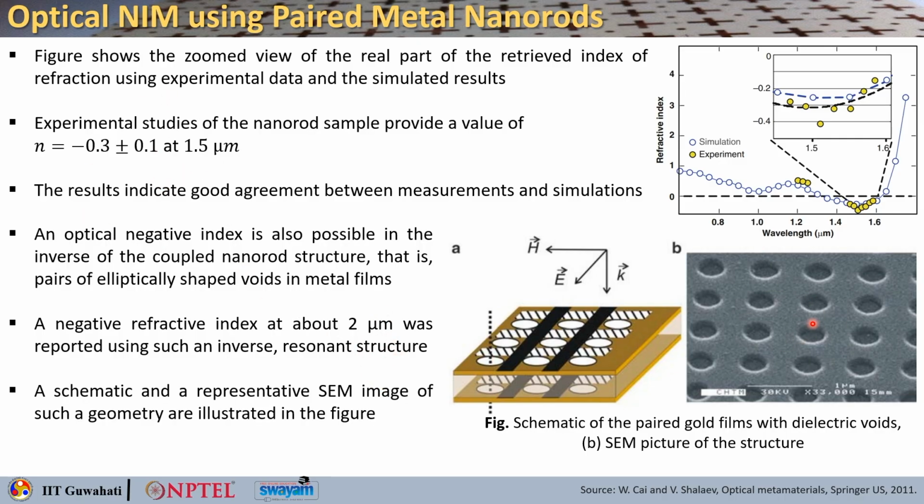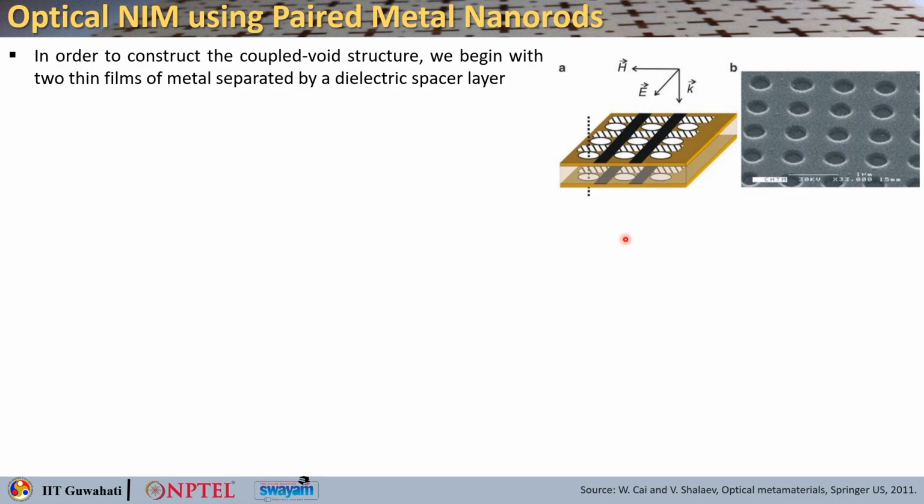So this is the structure. This is the schematic. So you basically have this kind of voids, and this is the SEM image, or scanning electron microscope image, of the structure. So what is happening here?